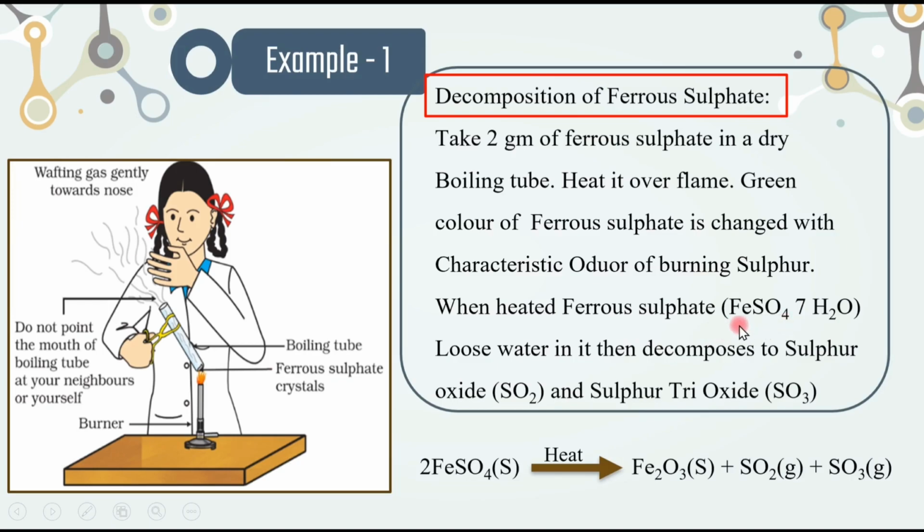On further heating, this anhydrous ferrous sulfate produces ferric oxide, sulfur dioxide, and SO3. Hence in this reaction one compound gives rise to three products. That is why it is a decomposition reaction.